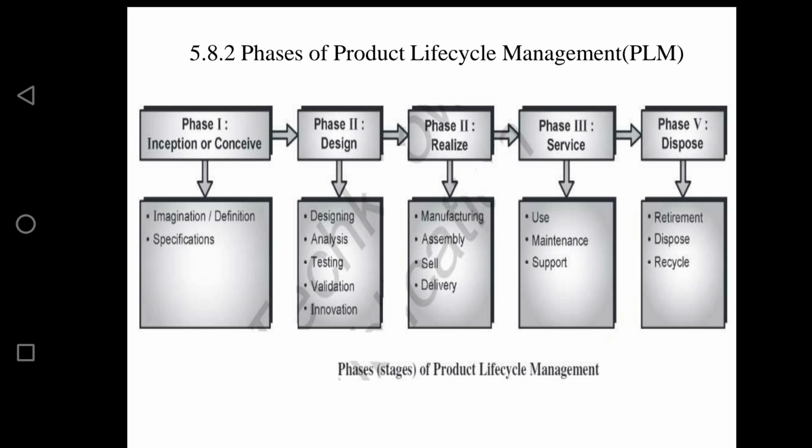The product we manufacture has a retirement too; it will work well up to a certain number of years. After that, we need to advise the customer to replace, dispose and recycle the product without causing any damage to the environment. So these are the phases of product life cycle management.